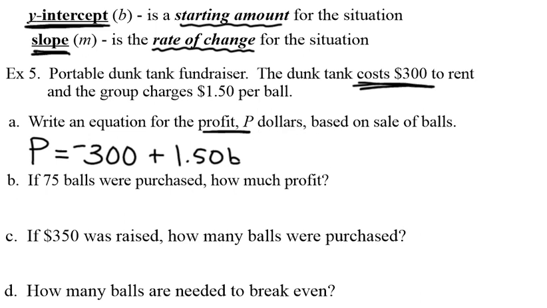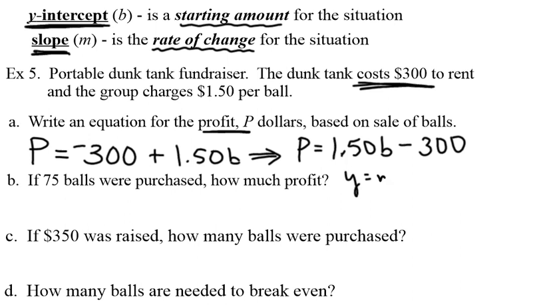But if we take this and manipulate it a bit, and just start with the $1.50 times the ball less 300, well, what do we have? We really have y equals mx plus b. What's the starting amount in this situation? Negative $300.